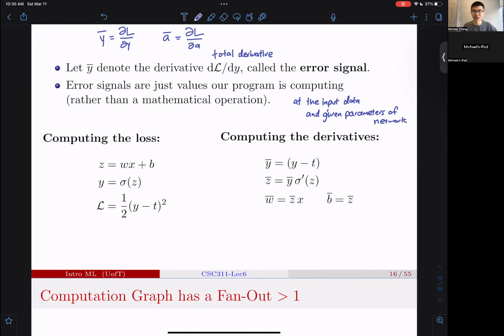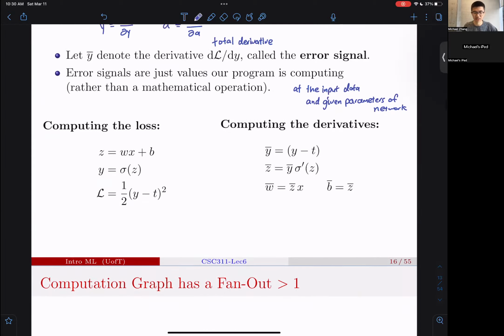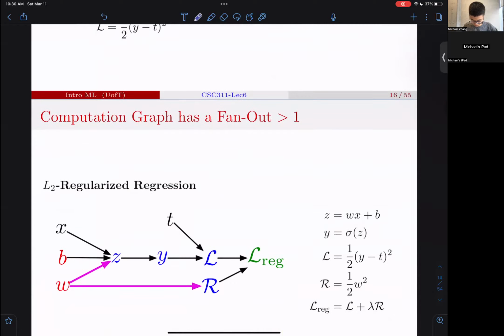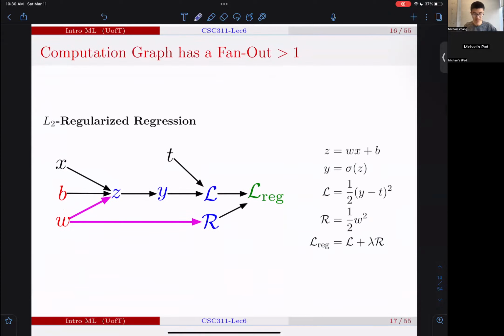We're now just going to work through two examples where the computational graph becomes slightly trickier. So the first example is the L2 regularized regression, where we have the same computational graph as before, but now we also want to regularize the magnitude of the weights.